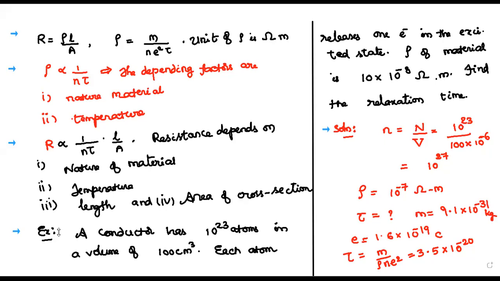Minus 18 taken to the numerator, plus 18. Minus 31 plus 18, this is minus 13. 9 by 2.56, approximately 3. 3 point something into 10 to the power minus 13.